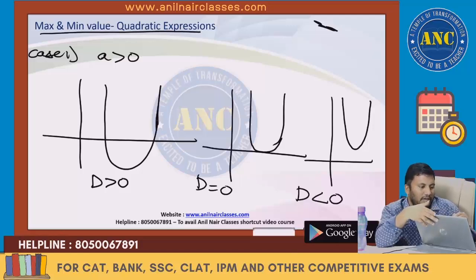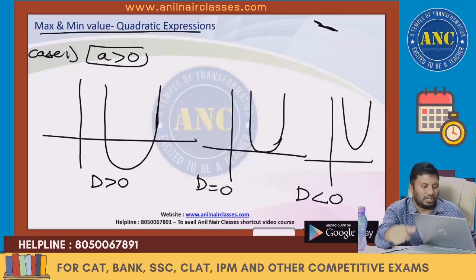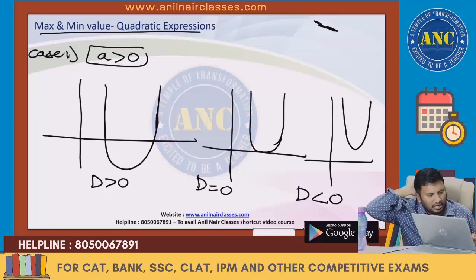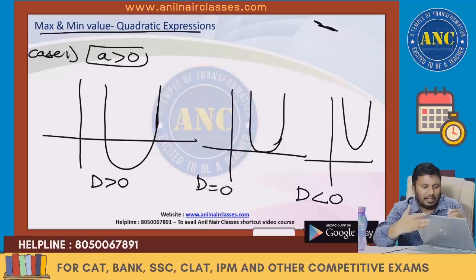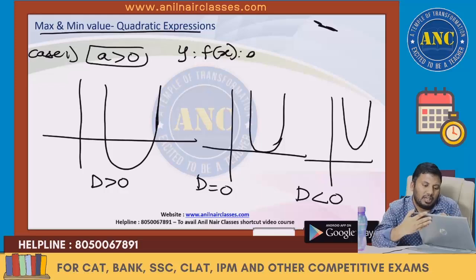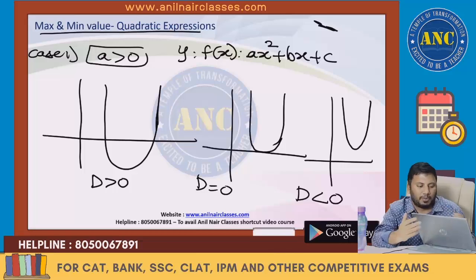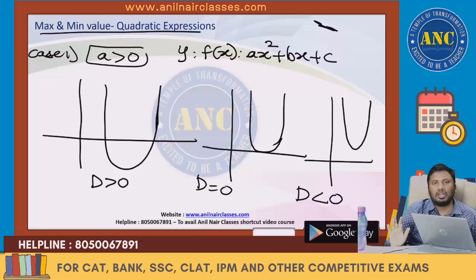I hope under case 1, a greater than 0, these 3 are clear. But a very important conclusion, we will do it a little later. This is f of x is ax square plus bx plus c. D greater than 0, the graph is touching the axis at 2 points. D equivalent to 0, the graph is touching at 1 point. D less than 0, it is not touching the axis.